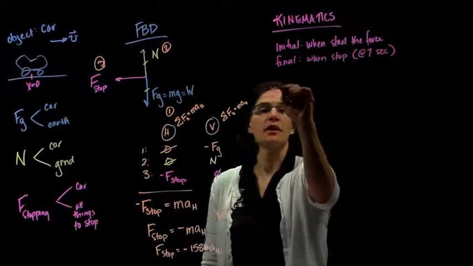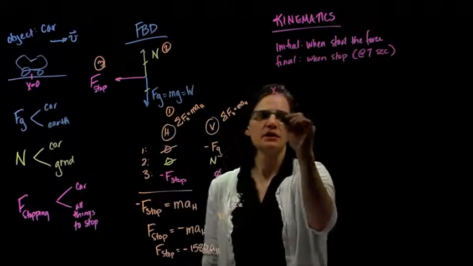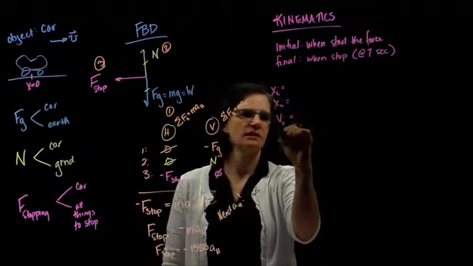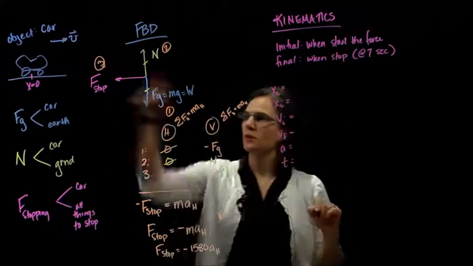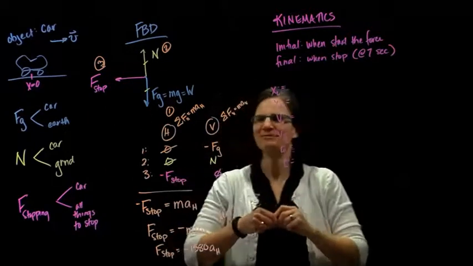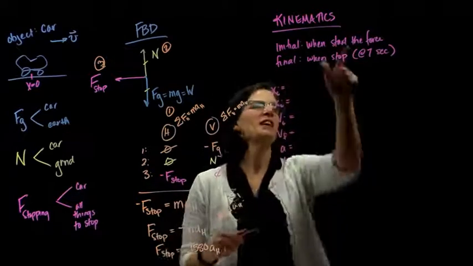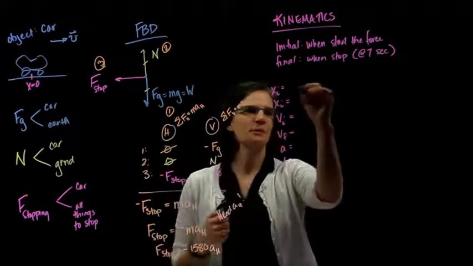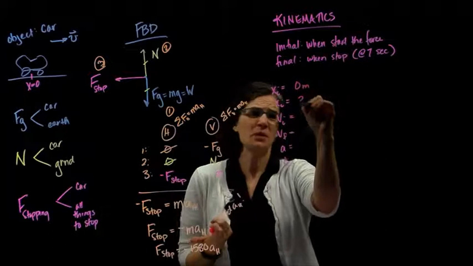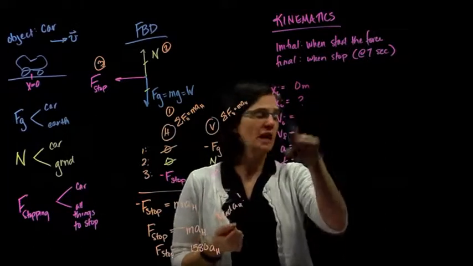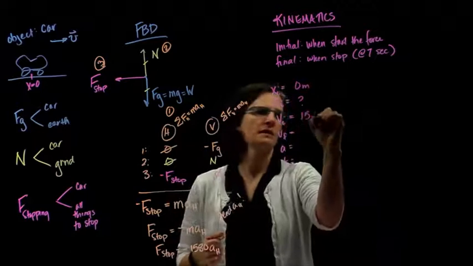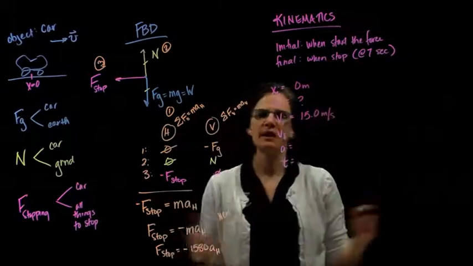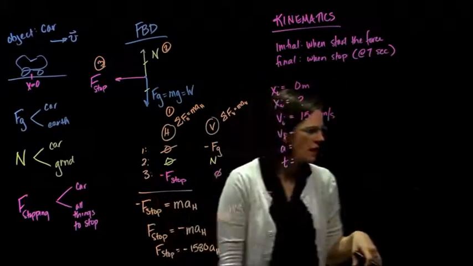Okay, looking at our list, positions, initial and final velocity, acceleration, and time. So where does the car start? The car starts when the force starts. That's at 0. We don't know where it ends. Our initial velocity when we start applying that retarding force is 15 meters per second.